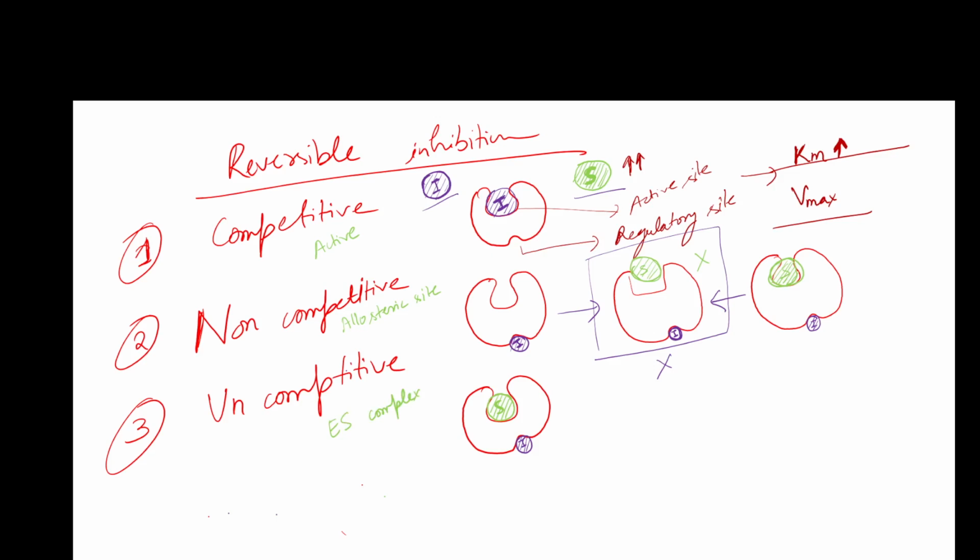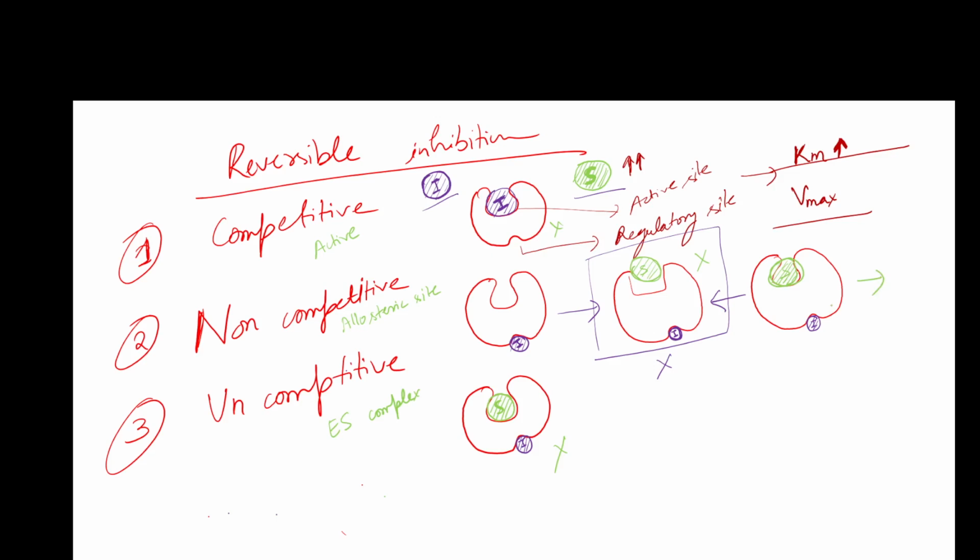So suppose there is a substrate attached and it needs to release one particular component of the substrate by breaking it. The inhibitor doesn't allow that when it binds to the enzyme substrate complex. So that is why this becomes non-functional. So these are the three types of reversible inhibition.